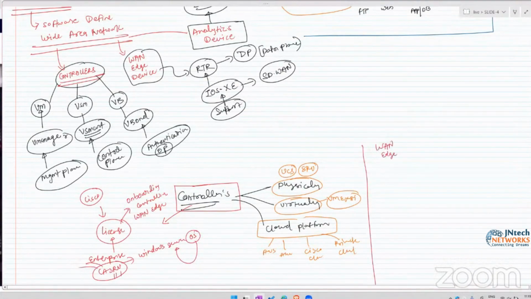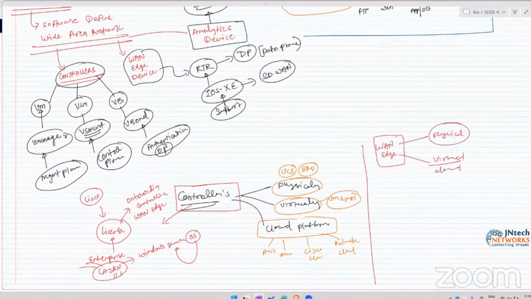Managed devices we can use physically, virtually, or you can say cloud-based as well. But physically, we are using some ASR series, some ISR series, some CSR series also. Clear?